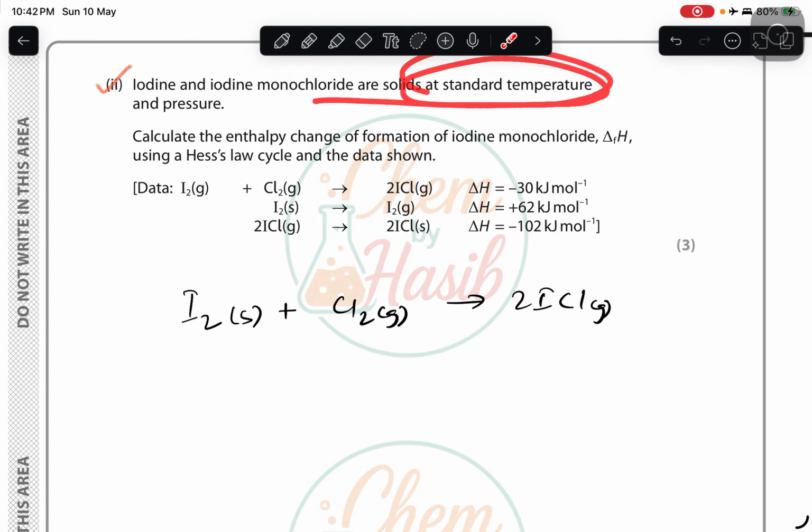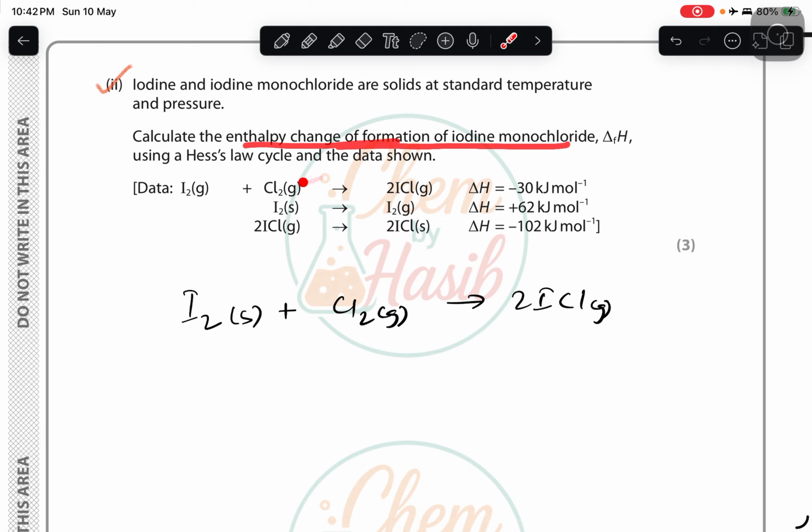This equation represents the formation enthalpy, because when you are writing the equation for formation enthalpy, all the substances must be in their standard state, right?